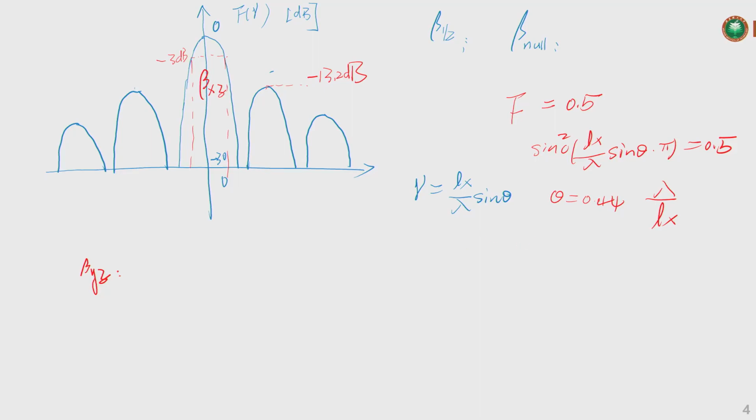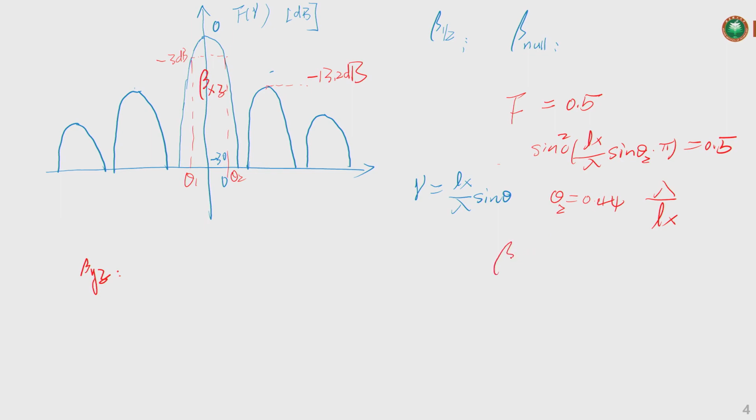So this is for the x. So this is half of that, right? So this is theta 1 and theta 2. So this is just for theta 2, for example, and for theta 1, it's the same thing, minus 0.44.